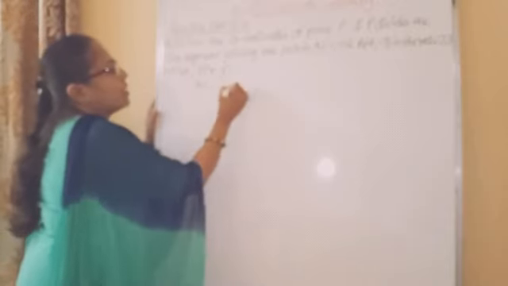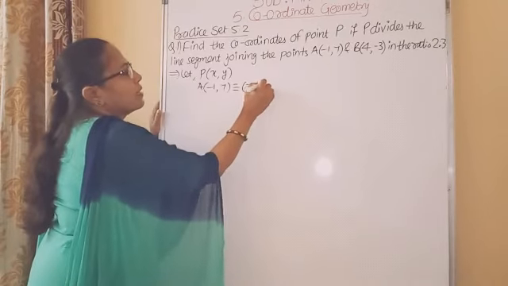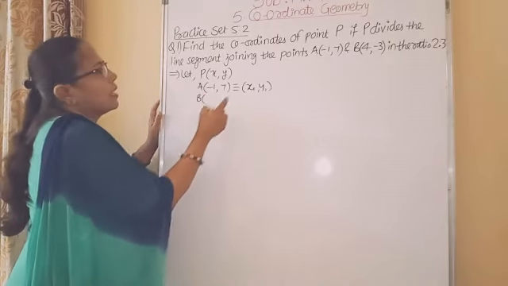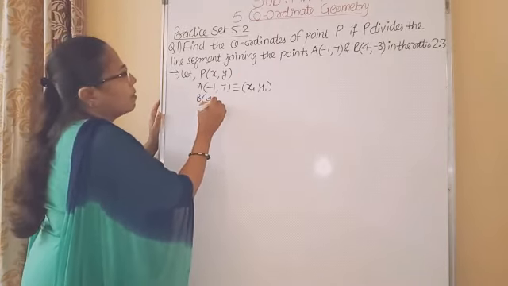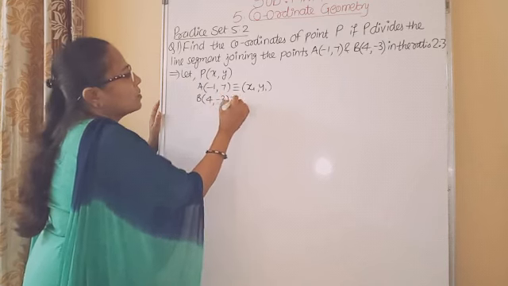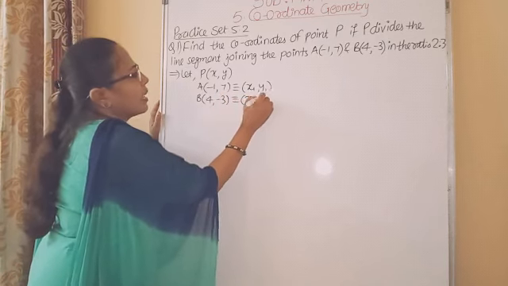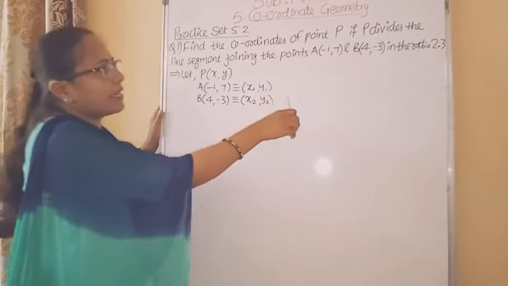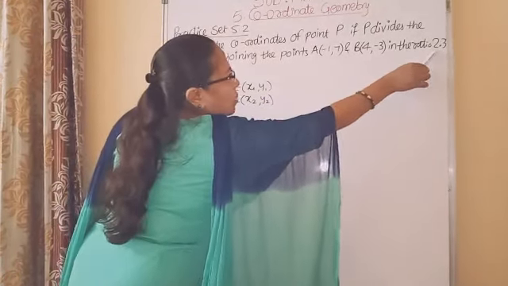These coordinates we will assume as x1, y1. B is given (4, -3). So these coordinates we will assume as x2, y2. And the ratio in which segment is divided is 2:3.